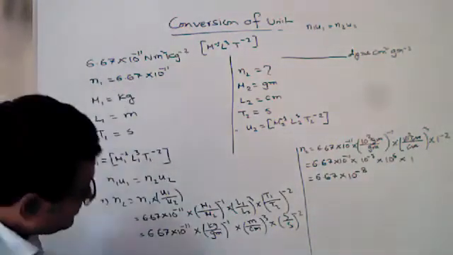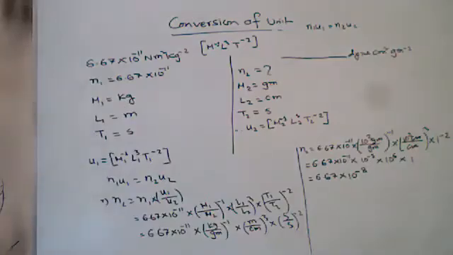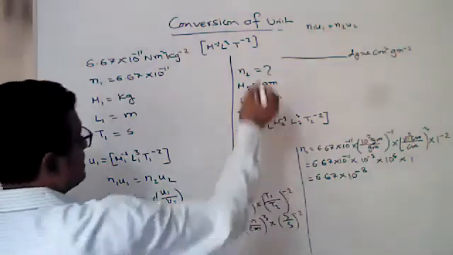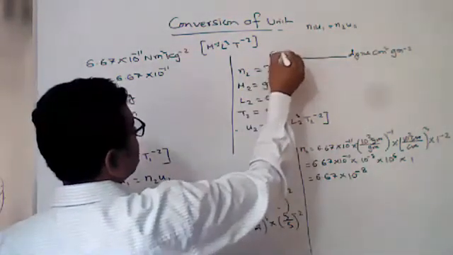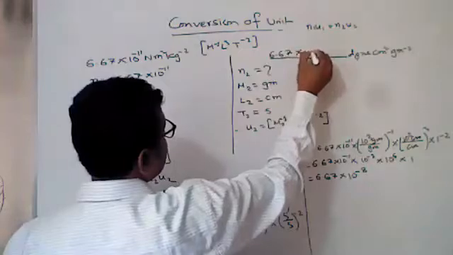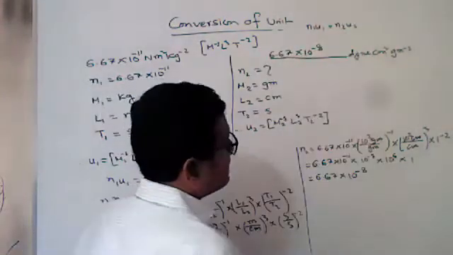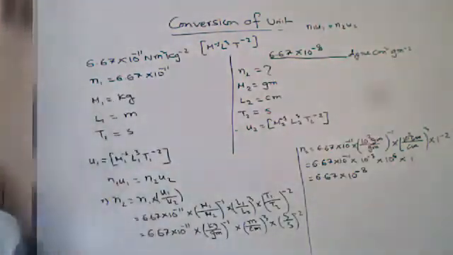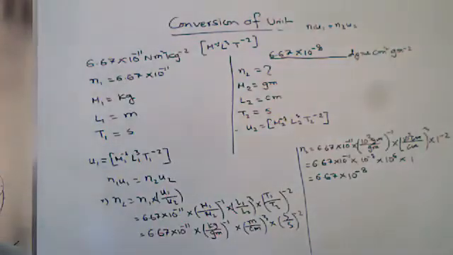So the value of N2 is 6.67 into 10 to the power minus 8 dyne centimeter square gram inverse 2. That will be the conversion of the unit. In such a way, we can convert any quantity.